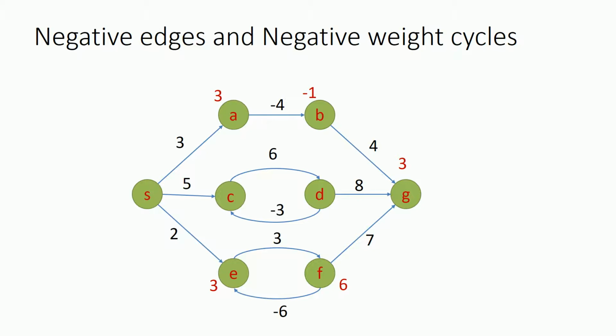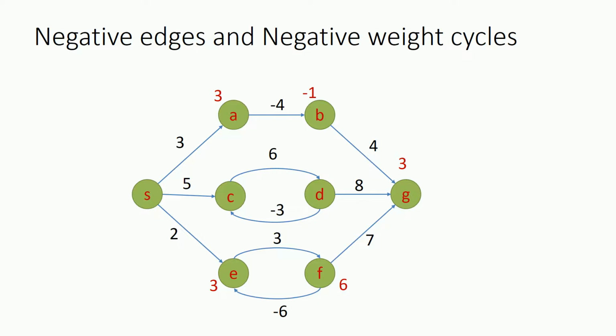But if a graph has a negative weight cycle like this one, then we will not be able to find the shortest path for that particular graph. In this graph, between vertices E and F, there is a negative weight cycle. Now if you travel through the cycle between E and F, we can see that the summation of all weights is -1.